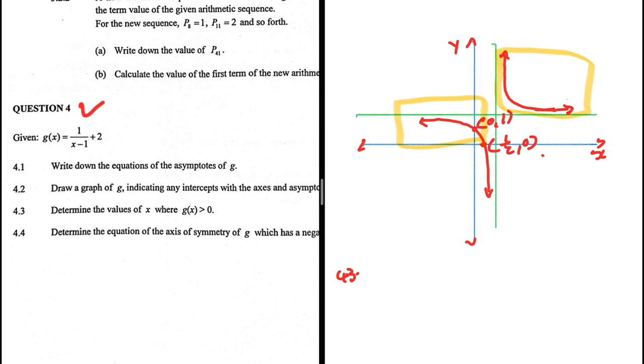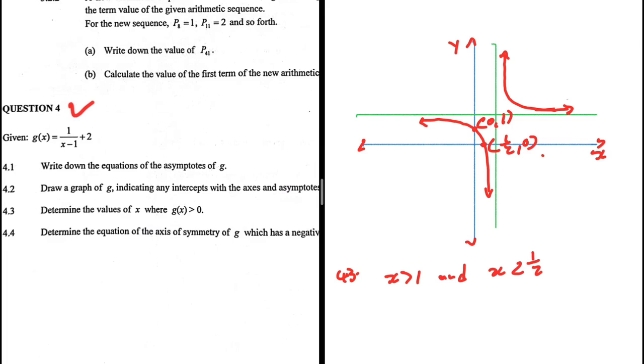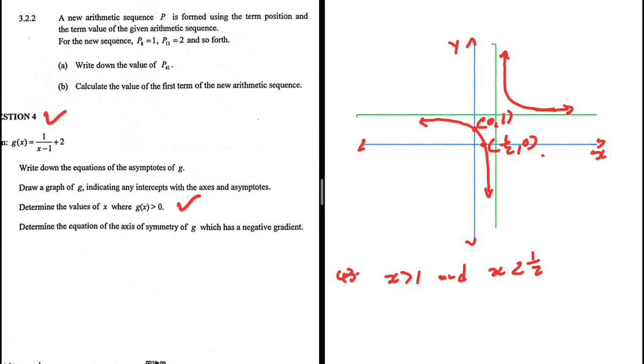So what are we saying? We're saying that when x is greater than 1, g of x is greater than 0, because x cannot be equal to 1, that's our asymptote. And x is less than a half, g of x is greater than 0. So that is our solution from the graph. I think you can also solve this algebraically and find the same value.